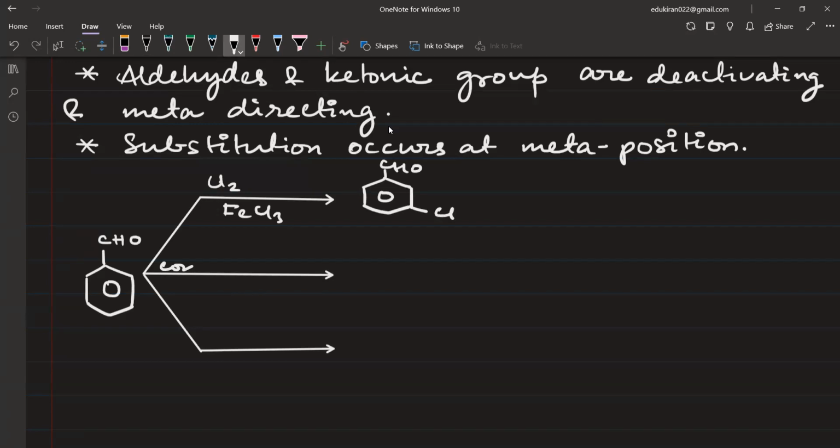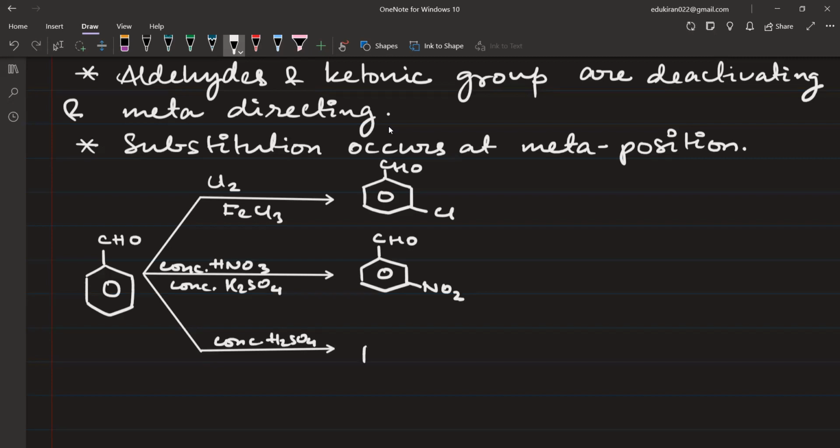Next is concentrated HNO3 in the presence of concentrated H2SO4. We'll get the nitro group substituted at the meta position. CHO will be as it is, and here we'll get the NO2 group. The last is concentrated H2SO4.